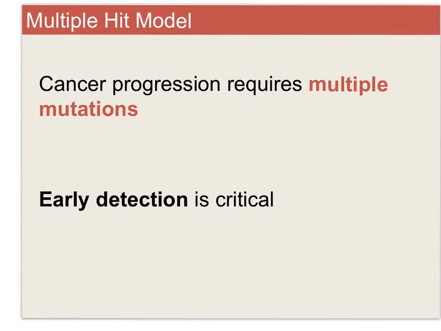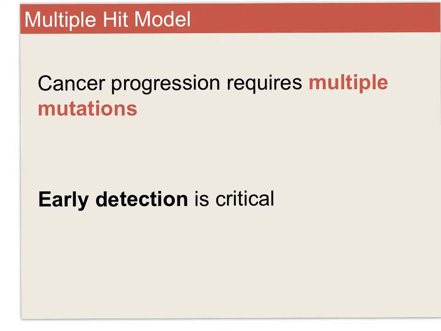Okay. Now, cancer, the current model is that cancer progression requires multiple mutations for cancer to actually start. One mutation will usually not turn a cell cancerous or malignant.